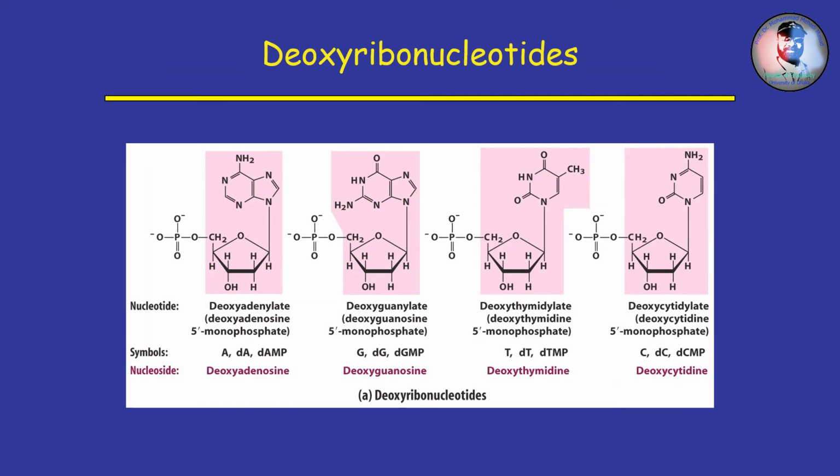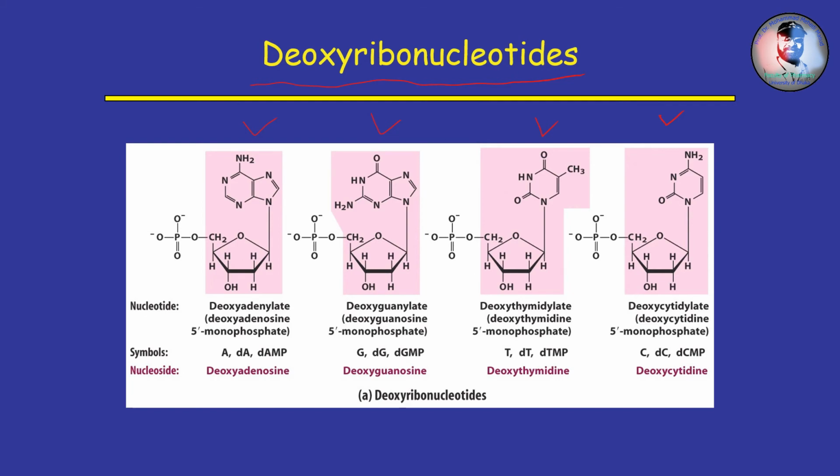The nucleotides of DNA are commonly termed deoxyribonucleotides. DNA's nucleotides contain 4 major nitrogenous bases, that is adenine, guanine, cytosine and thymine. The structural differences between the nucleotides of DNA are in the base portion.